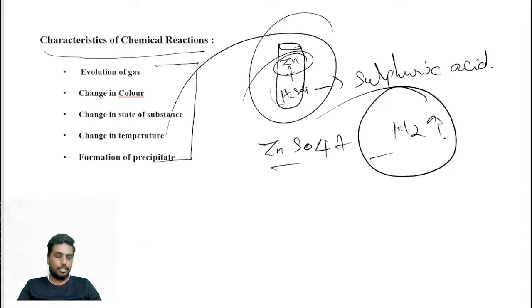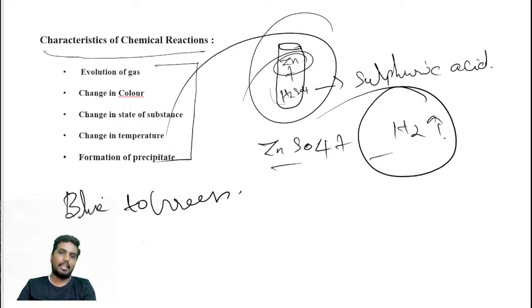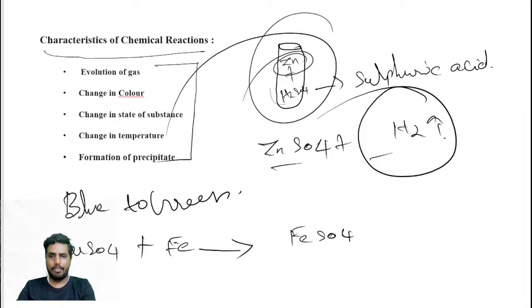And change in color. What is change in color? Once the reaction starts, it goes from blue to green. What is this blue to green? Copper sulfate plus iron gives iron sulfate plus copper.